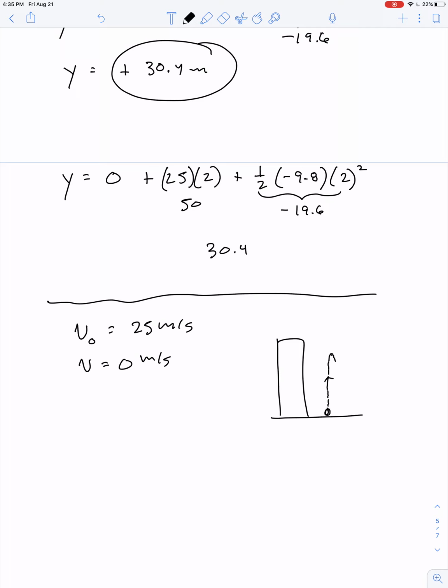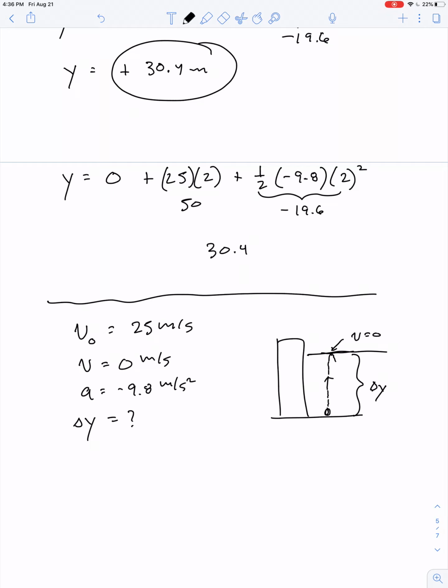As soon as its velocity for an instant reaches 0, then we know it's at its greatest height. Okay, the acceleration is negative 9.8 meters per second squared, and if we can find out how far it displaced in doing so, we know how high above the ground it reaches its apex. There's the question.